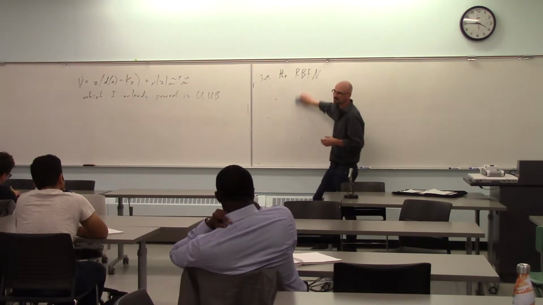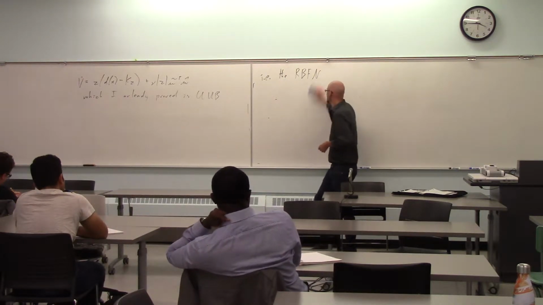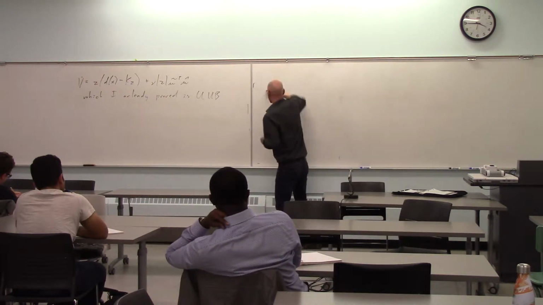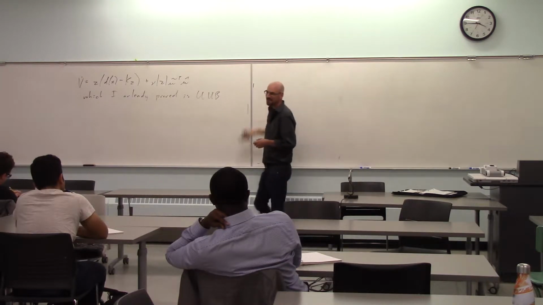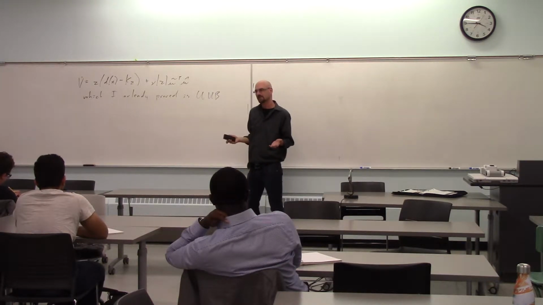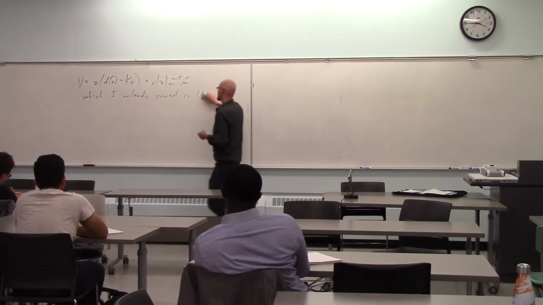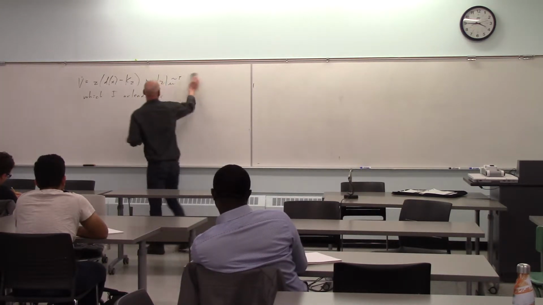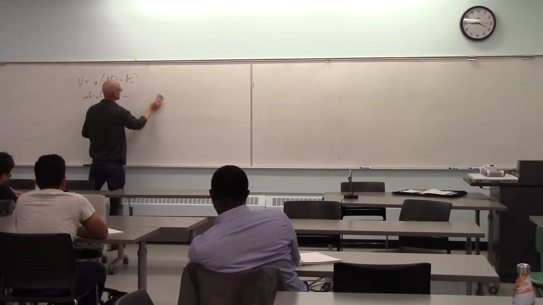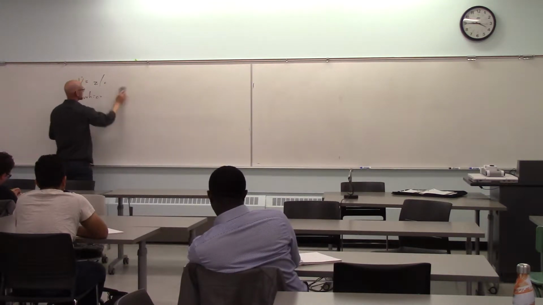With two inputs, you need 100. With three inputs, you need 1,000 already, and you're trying to compute those in real time. With four inputs, you need 10,000. So very quickly, with the number of inputs, these radial basis functions become impractical.